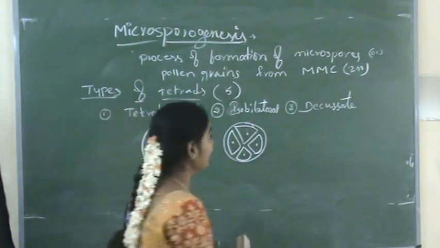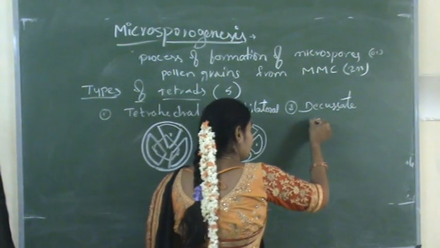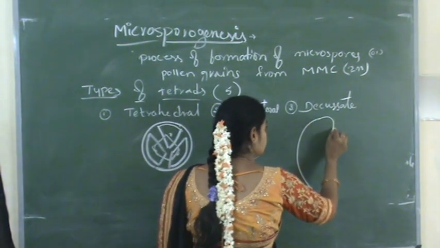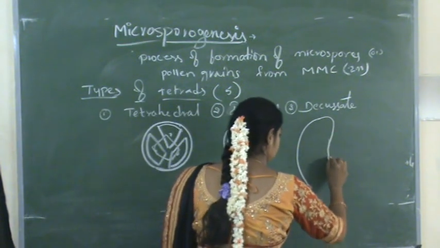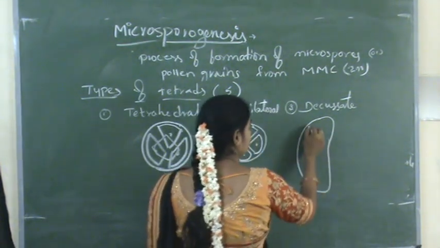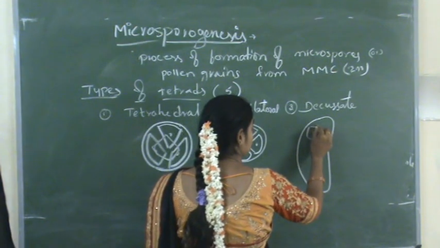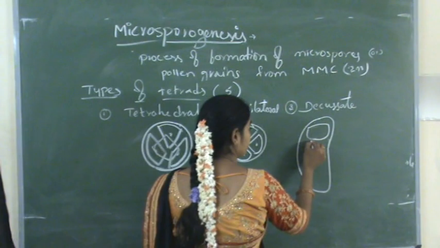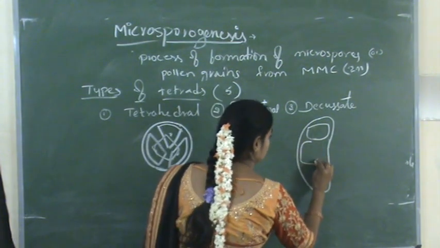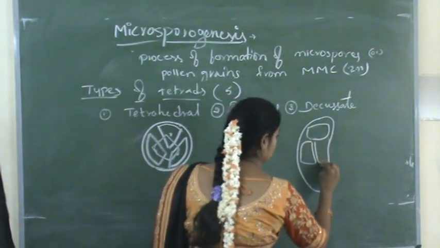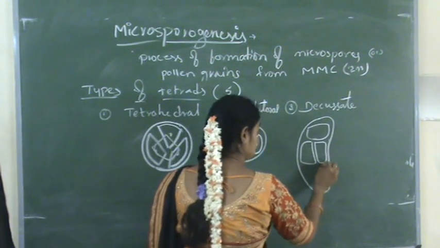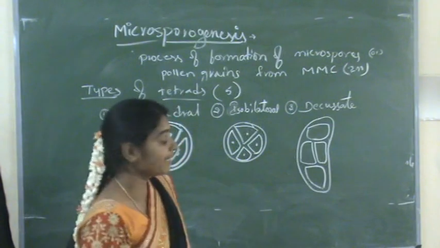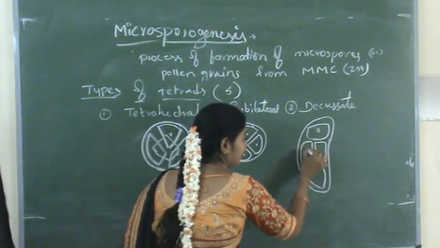Decussate type of tetrads are arranged in a crossed pattern, so this is the decussate type of tetrads.